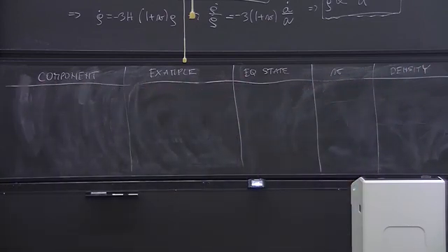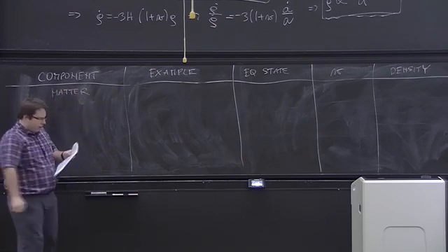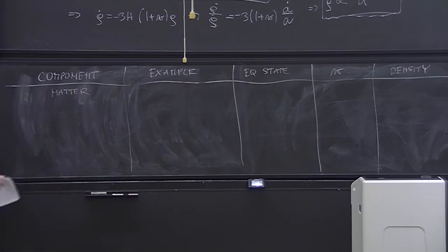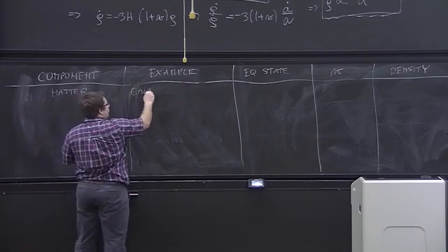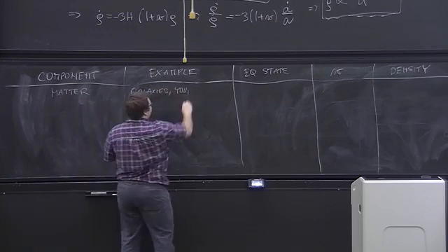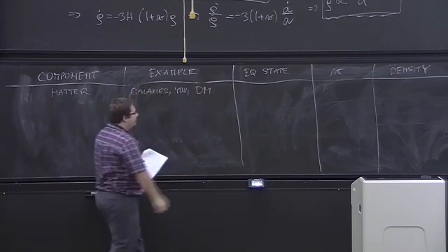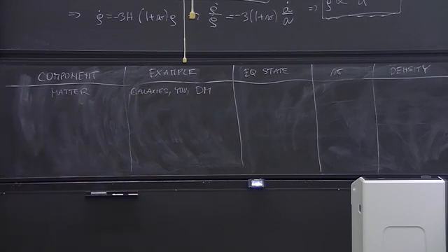The first component you may think about is standard matter, for example galaxies and stuff like that. So, matter. Examples are galaxies, you, or me, but also dark matter, for example. Now, the equation of state: if you look at yourself, you have some energy density, which is pretty high because of mc squared, but the pressure is very negligible.